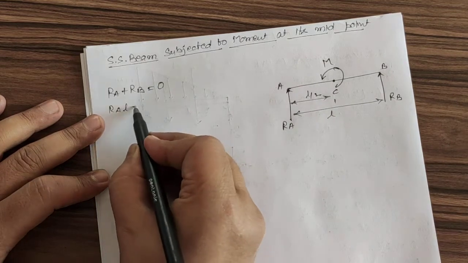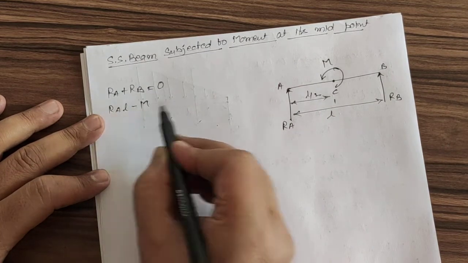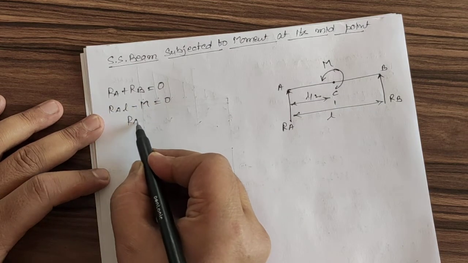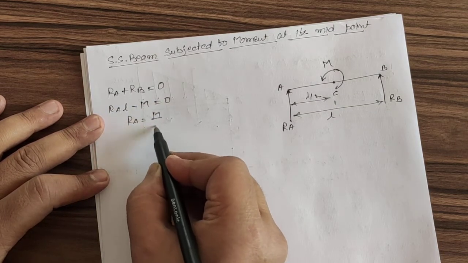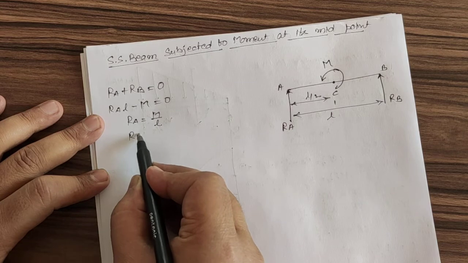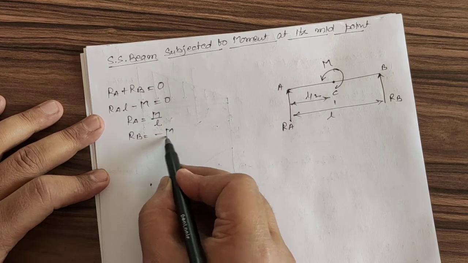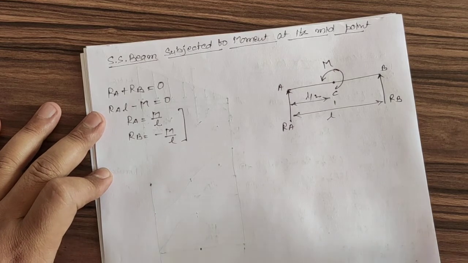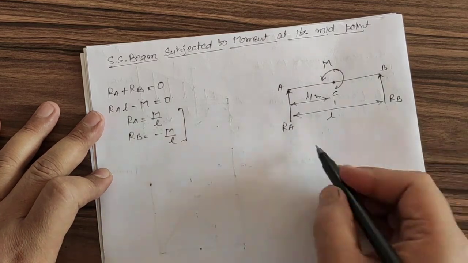So minus M, because this is anti-clockwise, equal to 0, means R A is equal to M by L, and R B is equal to minus M by L. So we have calculated the support reactions.